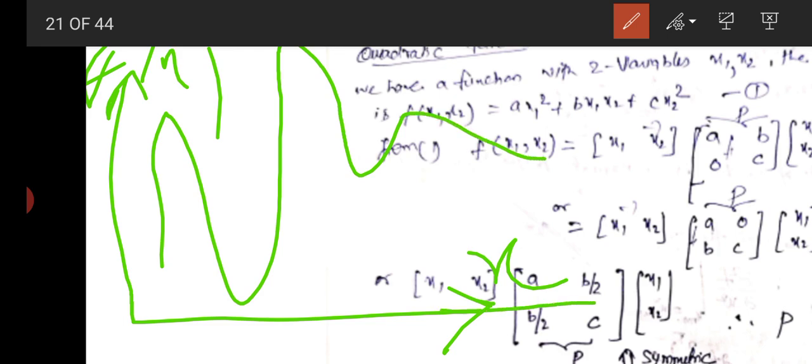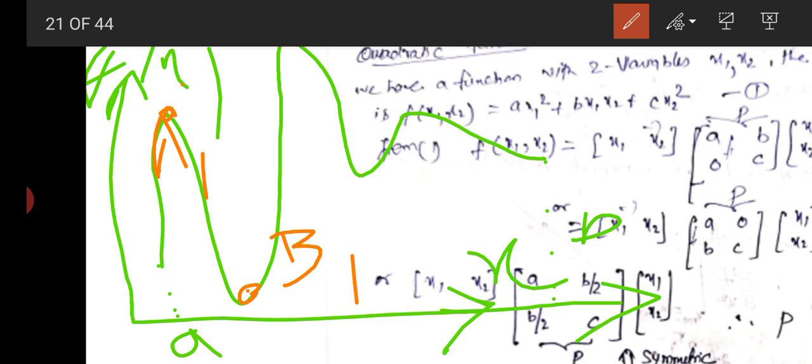This is a, and this is the end of the function at point b. Let's say this point is a1, this point is b1, this maximum value is a2, this point is b2, and this point is a3.